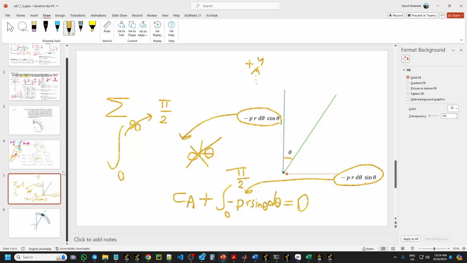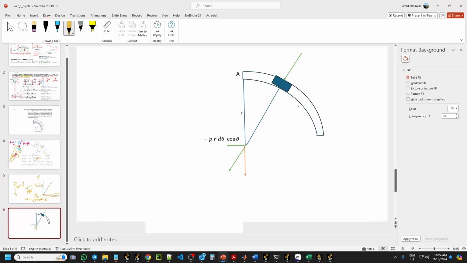Okay, the last part. What about the moments? For the moments, you need to draw the line of action first, and then you need to find the best spot to find the components. You might ask, why will we not find the components at these points? Remember, for the beam, we always have to find the moment at point A. For example, if it is fixed at the wall at this point, you need to find it at this point.